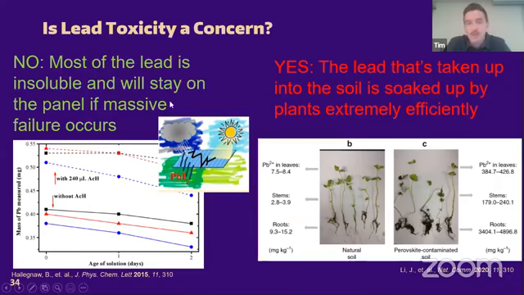It showed that even in the worst case scenario, where you have a perovskite solar cell that's fairly thick, thicker than you would normally use, and the lamination completely falls apart, so the protective plastic comes off your solar panel, and then it rains for 2 days in a row before you notice anything, the amount of lead that gets dissolved from the rain and goes into the ground is actually very low.